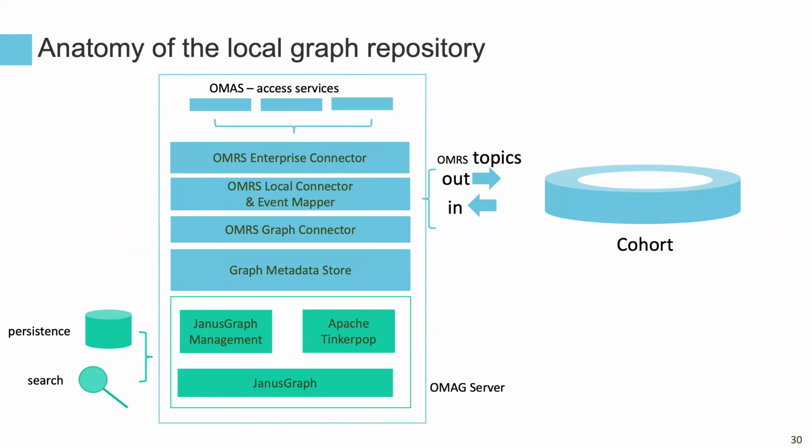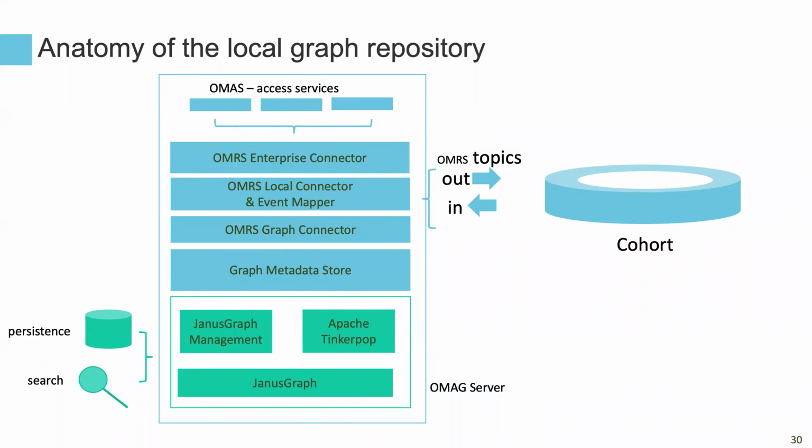So let's talk much more specifically about the graph database, the graph connector. We saw the picture just now, which had the layers of OMRS. So we had the enterprise connector, which is for federation, etc. We've got the local connector, the event mapper, which is dealing with events coming in and out on the cohort. And then we've got the graph connector. And beneath that, we have a thing which is, again, Egeria code.